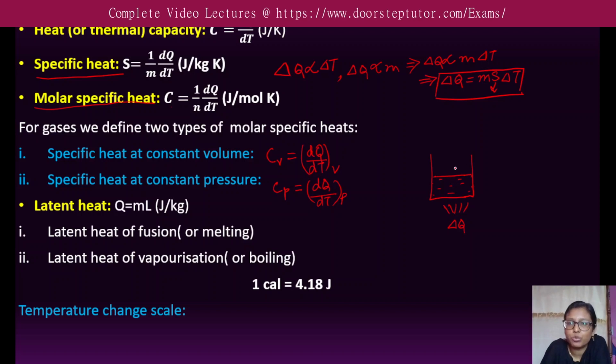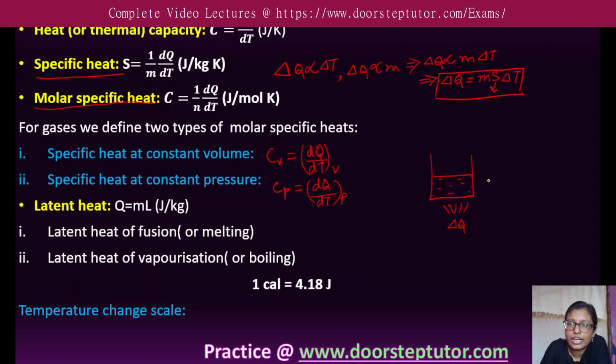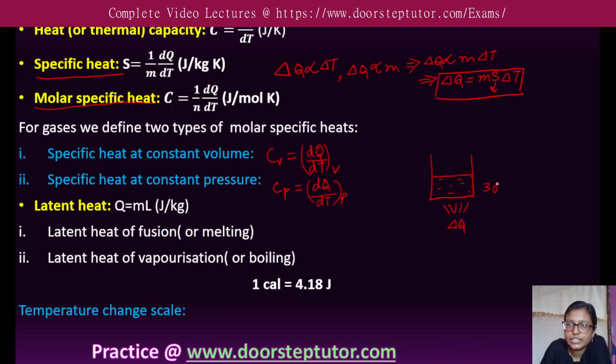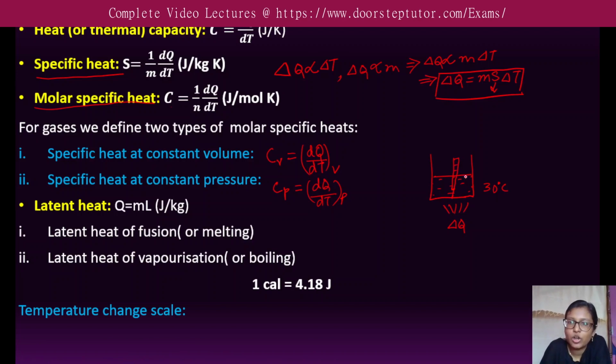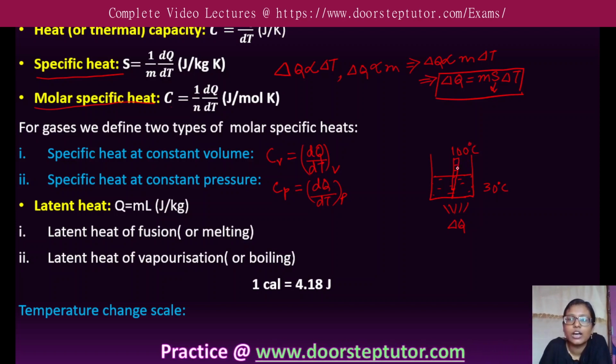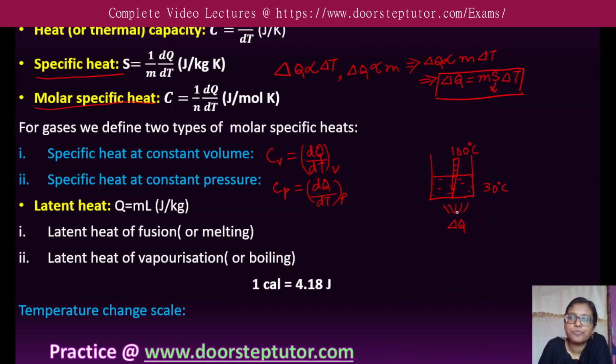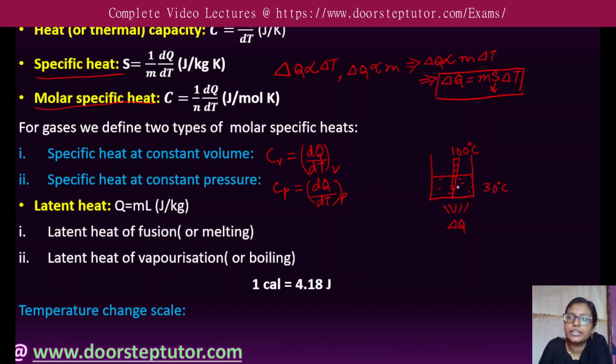Let's say we are boiling water, which is initially at, say, 30 degrees Celsius, and we also put a thermometer to measure the change in temperature. What we will observe is that the thermometer reading will increase up to 100 degrees Celsius, and after that, even if we keep on applying heat, the temperature won't rise further.